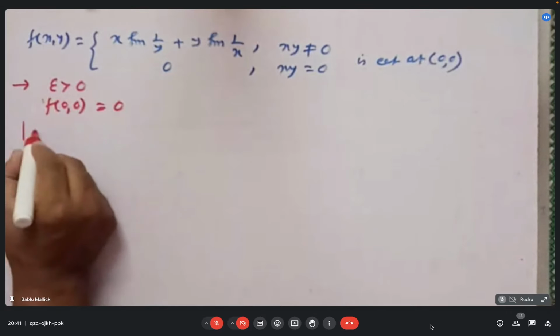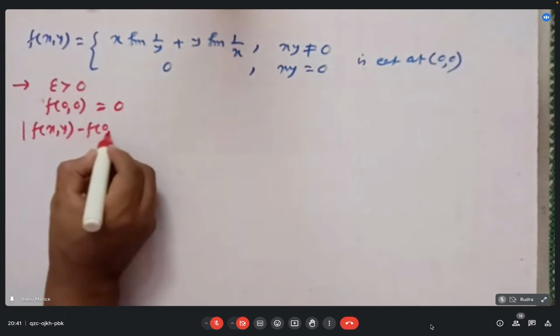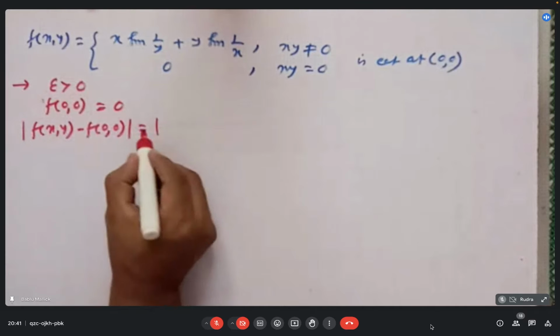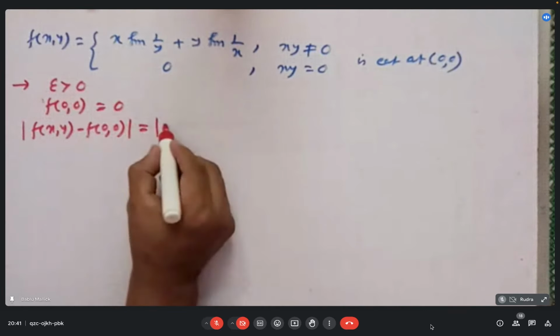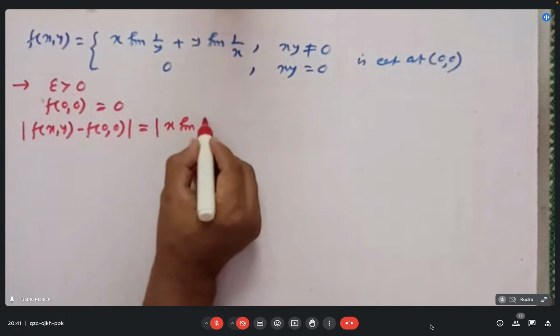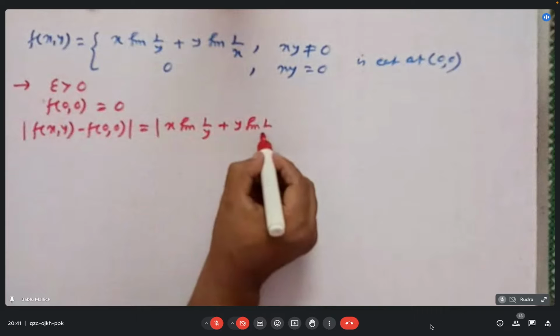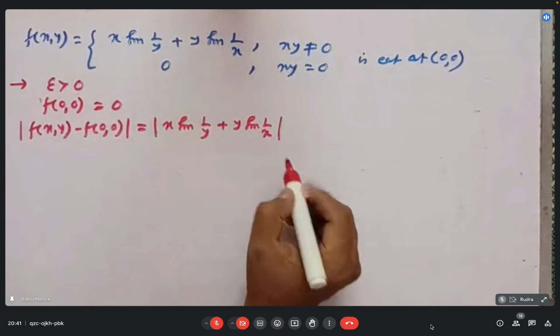So mod of f(x, y) minus f(0, 0) is equal to modulus of x sine(1/y) plus y sine(1/x) minus f(0, 0), which is 0.